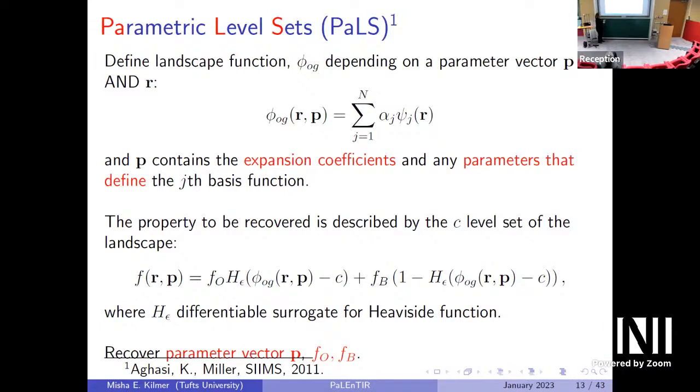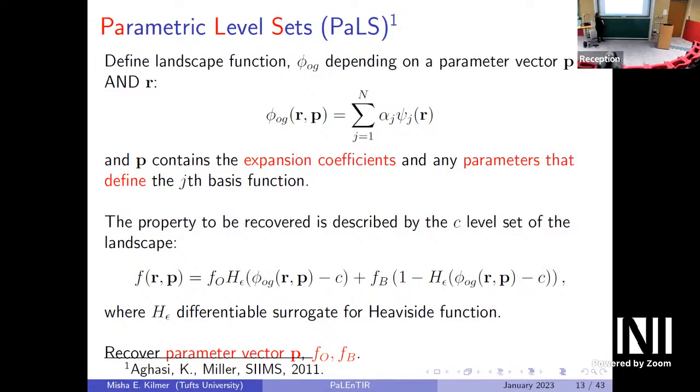However these phi j of r are specified, they're specified in terms of a set of parameters. If I lump those parameters and the expansion coefficients together, those are the things that will allow me to specify the surface, change the surface, thereby changing the underlying image.